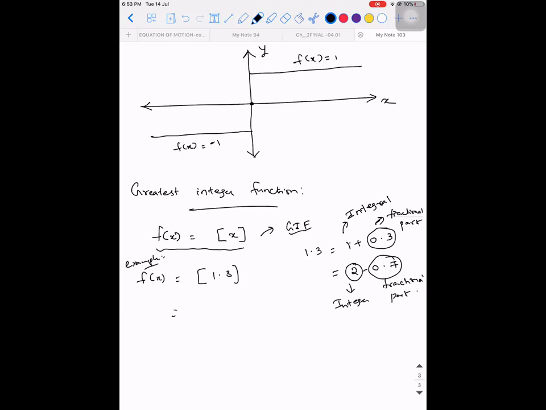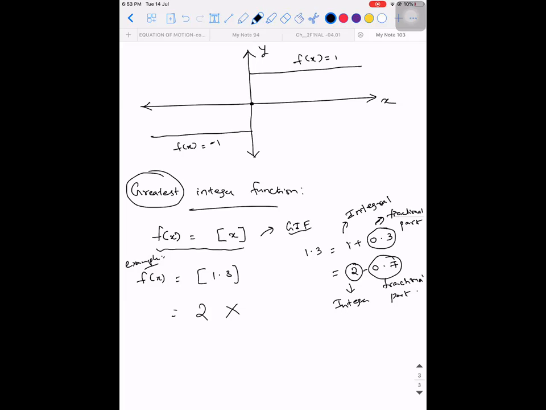So as the name says, greatest integer function, what should be the answer? The highest integer value, so 2? But that is wrong.